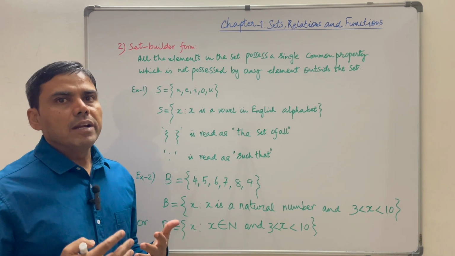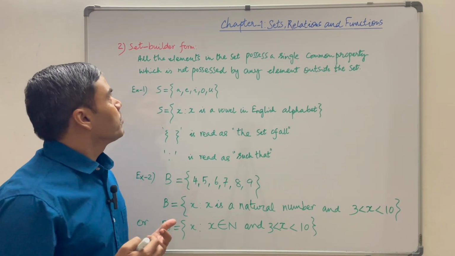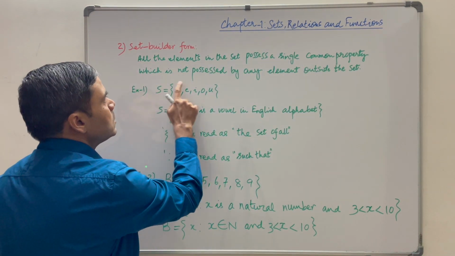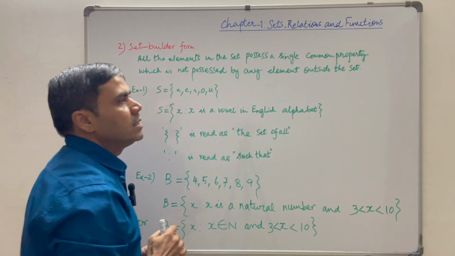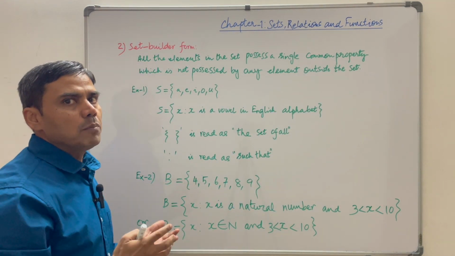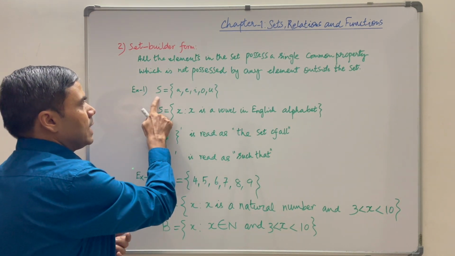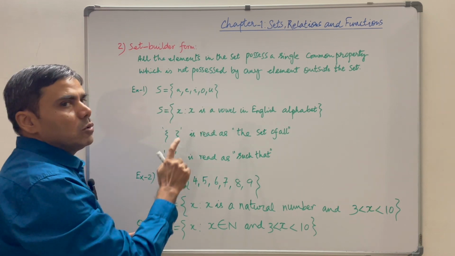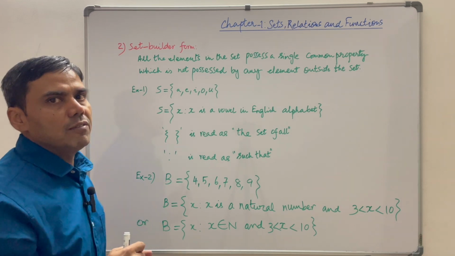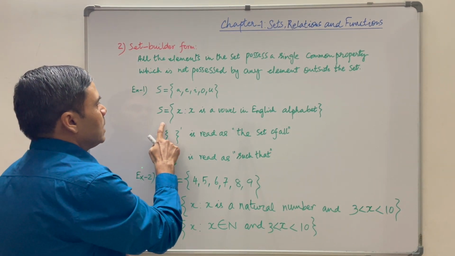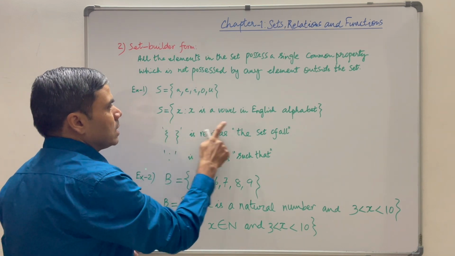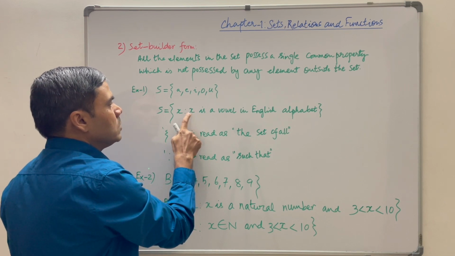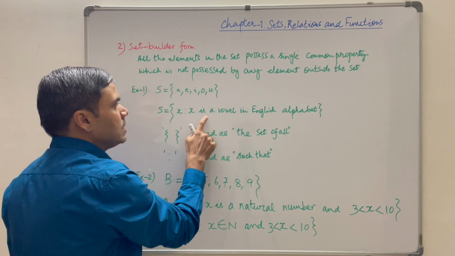The second method is set builder form. Let us understand what this is. All the elements in the set possess a single common property which is not possessed by any element outside the set. Let us understand this with the help of an example. Suppose I have a set S which possesses 5 elements A, E, I, O, U. You know that these are vowels in the English alphabet. So I can write it as S equal to, under curly braces, X colon X is a vowel in the English alphabet. Here X is an element of this set, and its speciality is that it is a vowel.